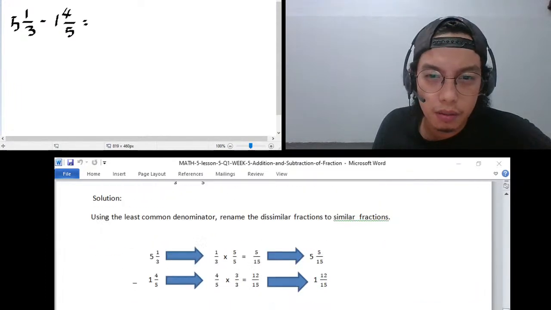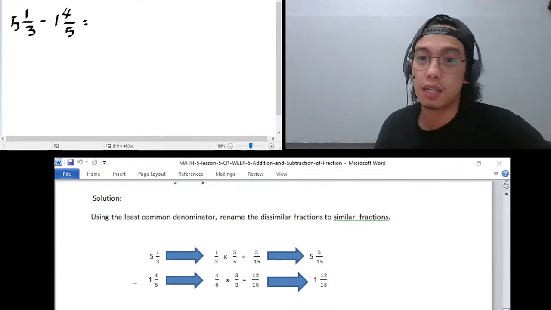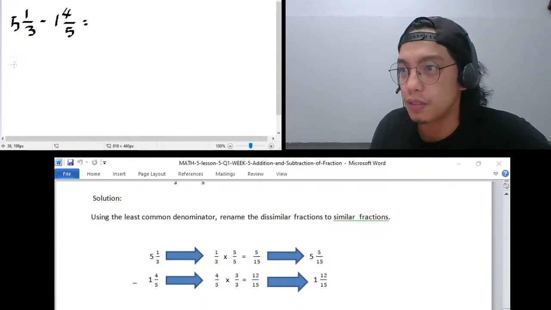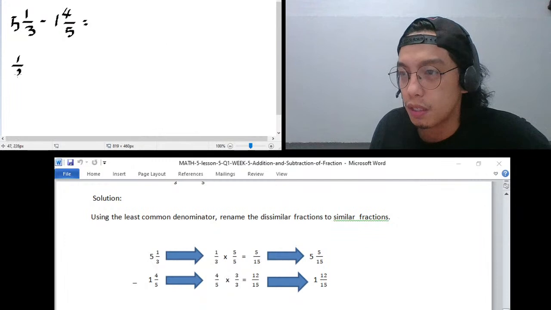So they say, so himon siya og similar fractions. LCD sa lang ta. So ato silang LCD, let's follow their solutions first, ha? 1/3 and 4/5.